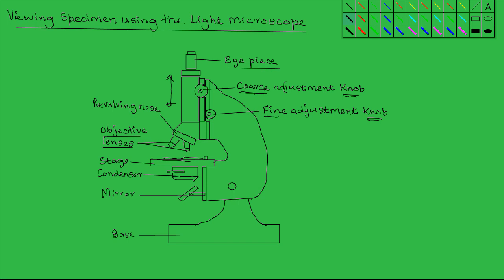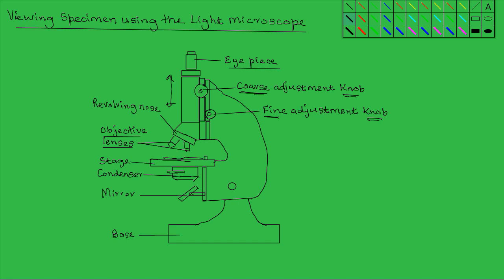The fine adjustment knob also moves the body tube up and down, but over very small distances, and in that way it facilitates the focusing of the specimen in such a way that it becomes very sharply focused.